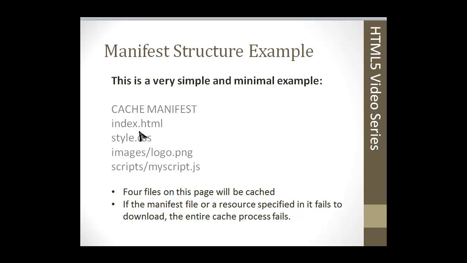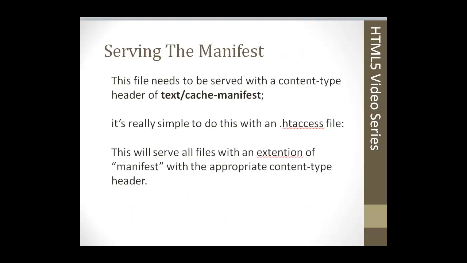And if the manifest file fails, then the entire cache process fails. So if you're going to do this, make sure your manifests are in order and structured correctly. Now, serving the manifest, we would do this.